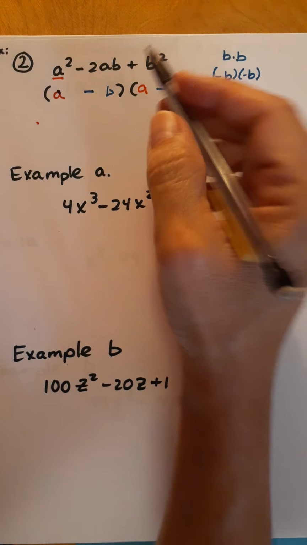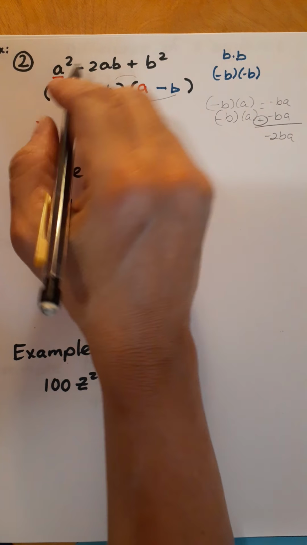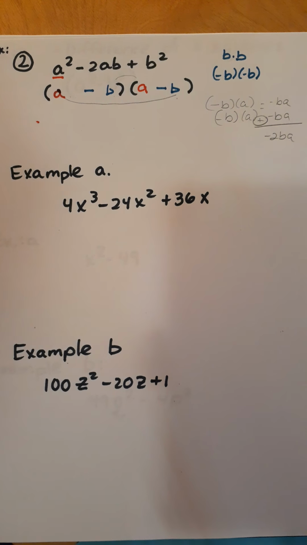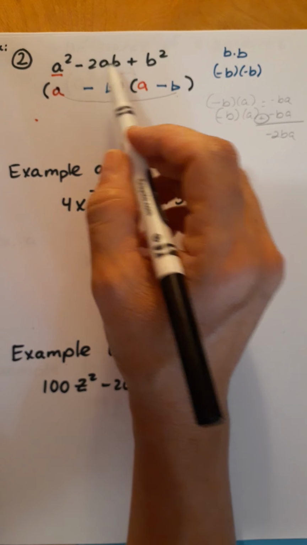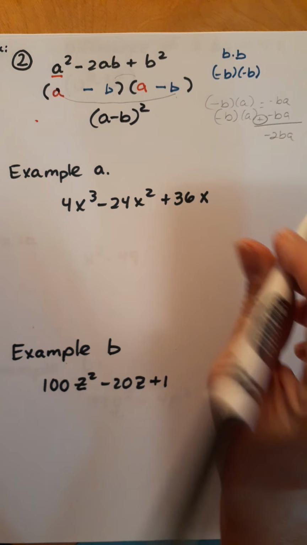There are two of them, negative ba and negative ba. When I add these up, I get negative 2ba, which is exactly what I need. And I've repeated it. So this is another special case. The first one was positive 2ba and it was a plus b squared. So if it's a negative 2ab or ba, then it should be a minus b squared.